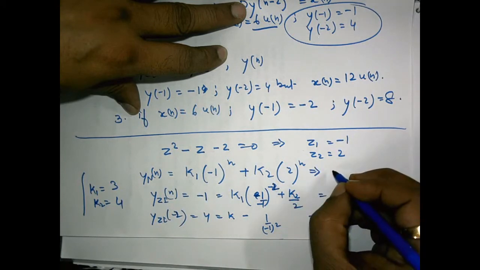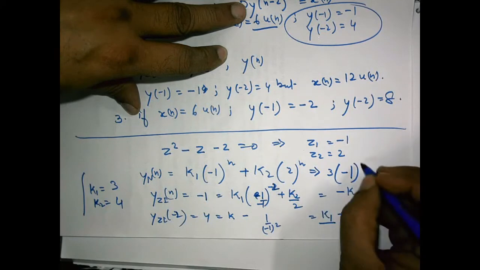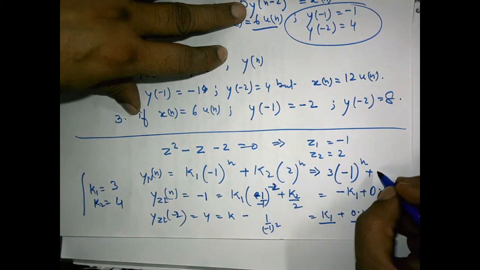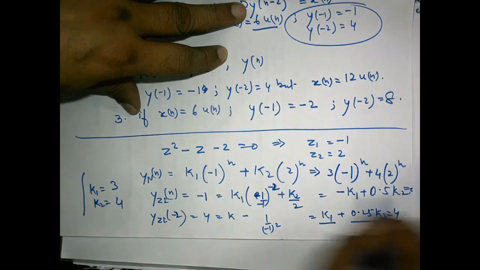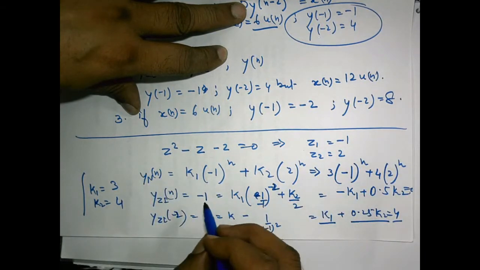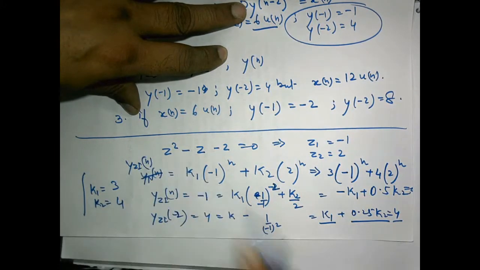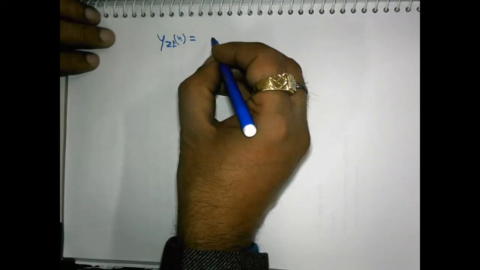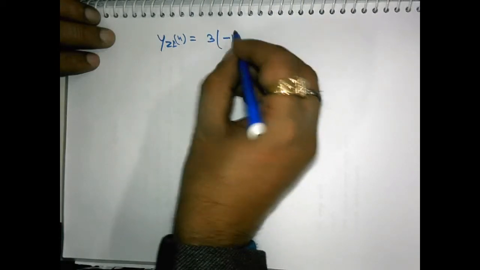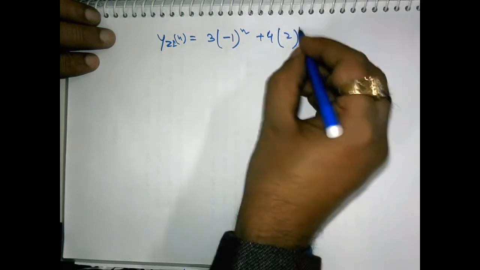So this way it results in 3(-1)^n + 4(2)^n. So this is your y_zin. I am noting it down: the zero-input response y_zin is 3(-1)^n + 4(2)^n.